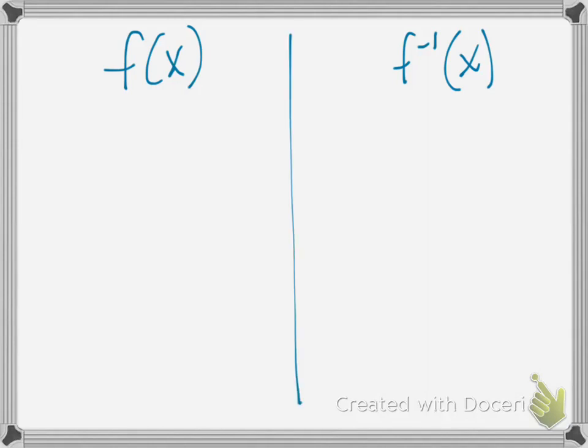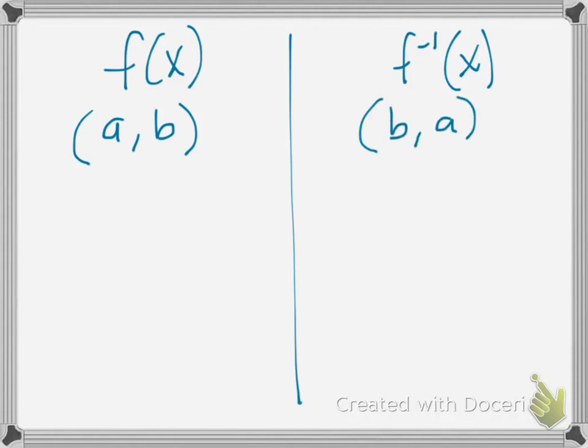So here we go. If we have f of x, its inverse would be called f inverse of x, and sometimes we just call it g of x. But most of the time it's the inverse function. If we have a point on f of x, let's call our point (a, b), then its inverse point on the inverse function would be (b, a).